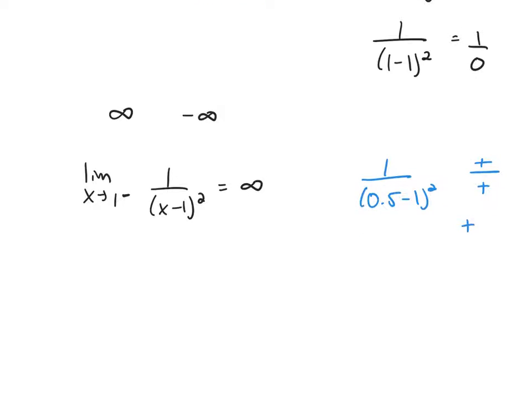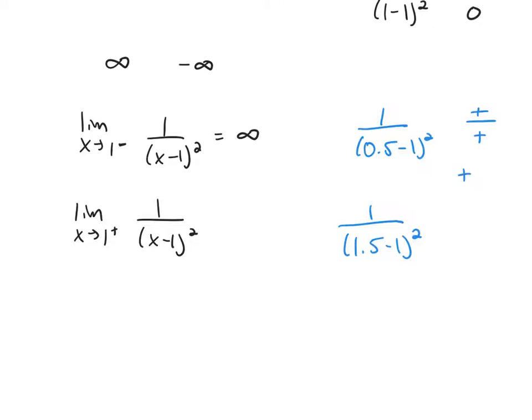Now, if I look at the right-hand limit, again, plug in a number a little bit bigger than 1, maybe 1.5. Again, you're going to have a positive over a positive, which means overall it's positive. So this limit would also be infinity.